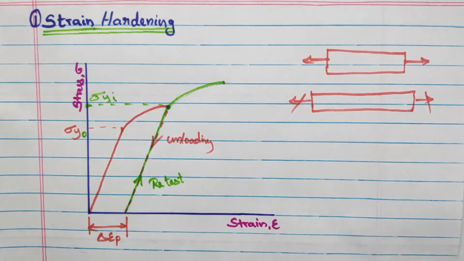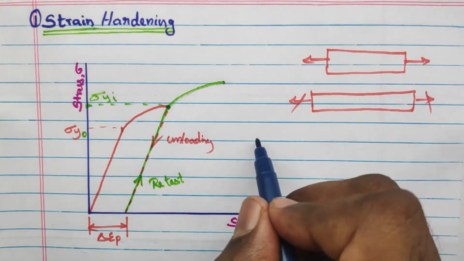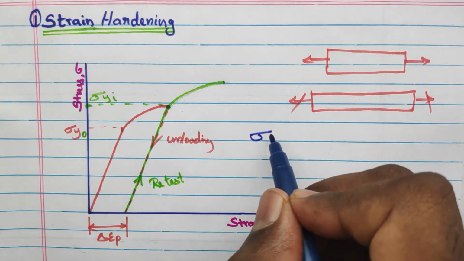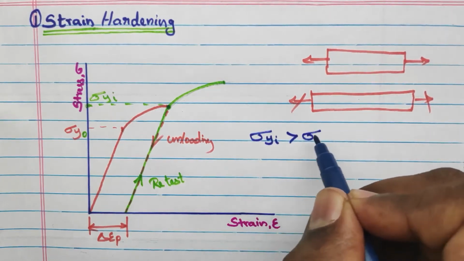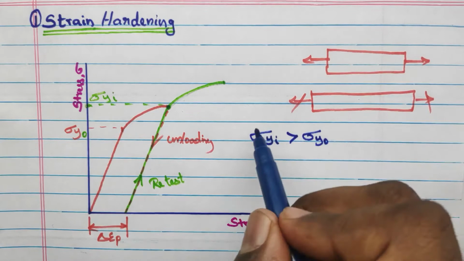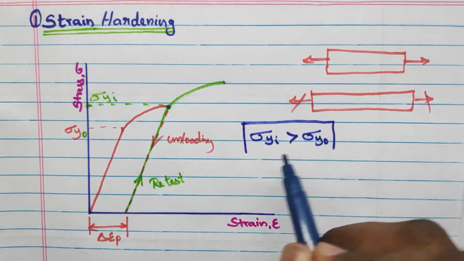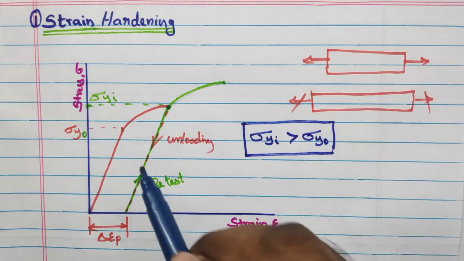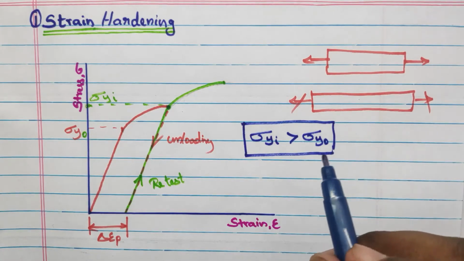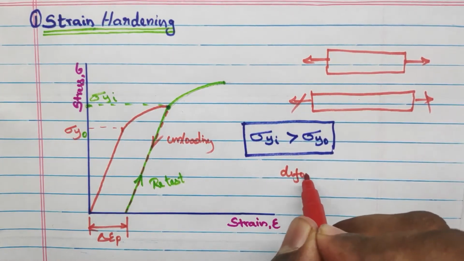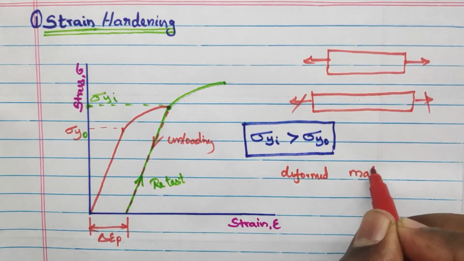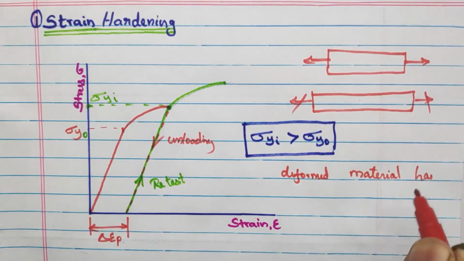From this curve, it is evidently seen that the yield stress sigma yi is greater than sigma y naught. That means the retest obtains a higher yield stress than the previous one. So from this we can conclude that the deformed material has higher strength.